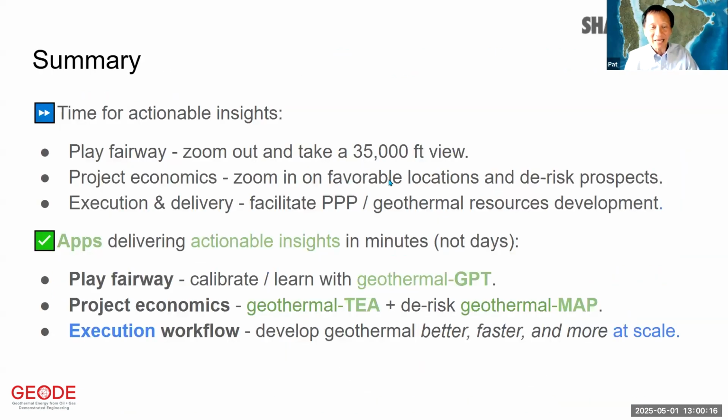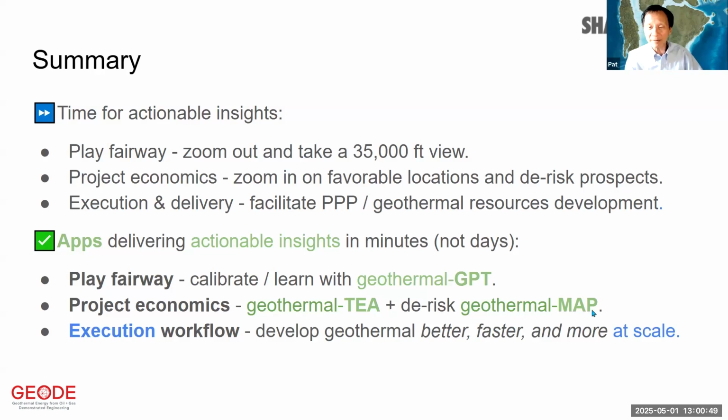So just a recap so far. The suite of apps delivering actionable insights in minutes, not days. And the Play Fairway, kind of a ChatGPT approach. And for the project economics, we use the techno-economic analysis built and trained on GEOFIRE. And then we bring it together back to a map, because a lot of the time we start early ideas on a map, and then when we come to allocate capital and make the final decision, we also refer to a map on drilling locations and facilities.